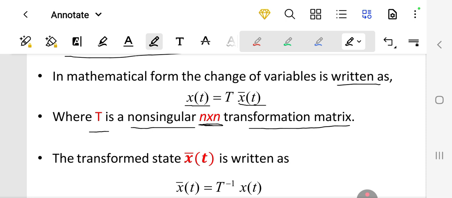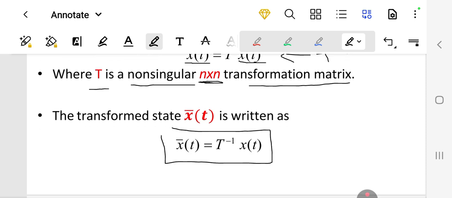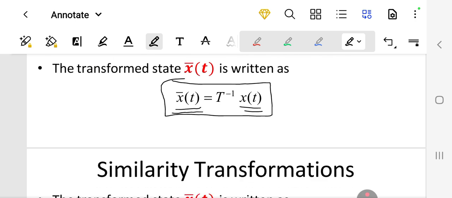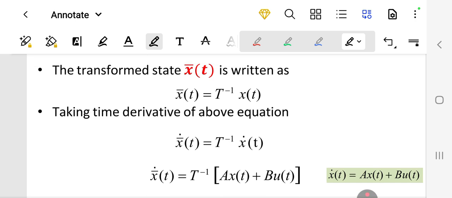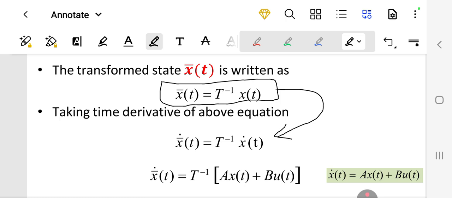Therefore, we can obtain x hat by multiplying this equation by T inverse from the left. We obtain x hat equals T inverse times x. This is a relation between the transformed state space and the current states of the system. Taking the first derivative of this equation, x hat dot equals T inverse times x dot.